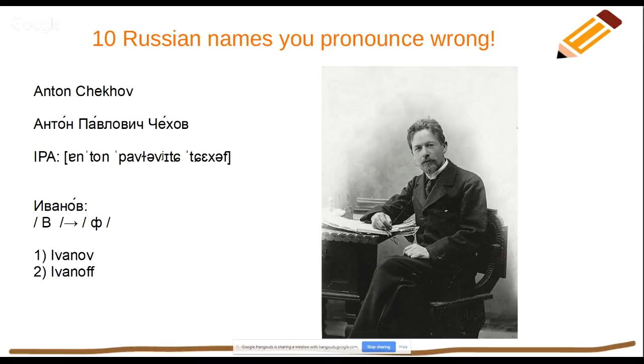And actually both are correct. The first one follows the written language and the second one follows the actual pronunciation. Okay? And ova is a typical ending of a female last name. For example, Ivanova.